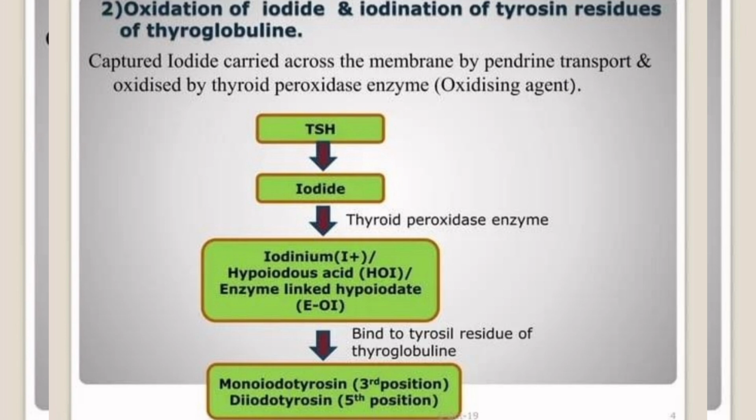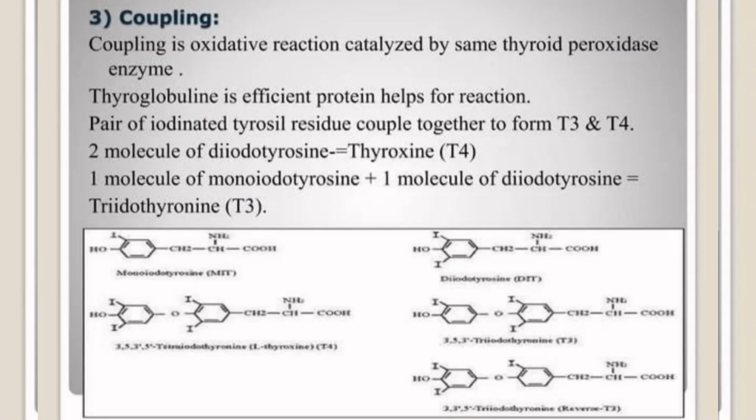Then by binding to the tyrosyl residue of thyroglobulin, it produces monoiodotyrosine and diiodotyrosine.